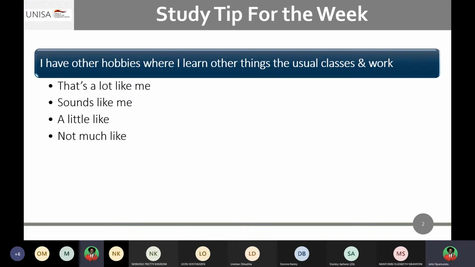Something will pop up in the chat and in front of your screen.